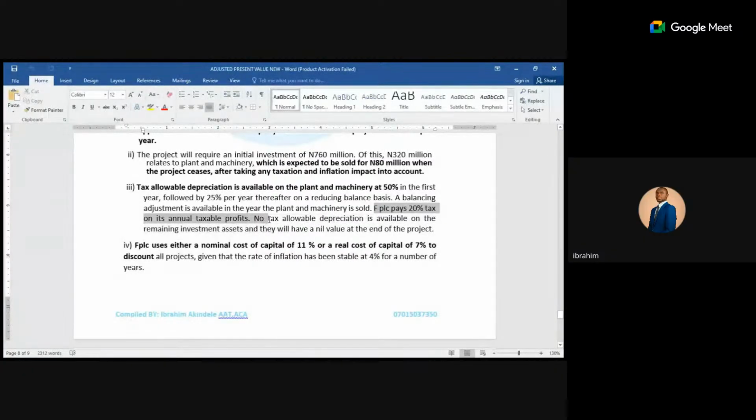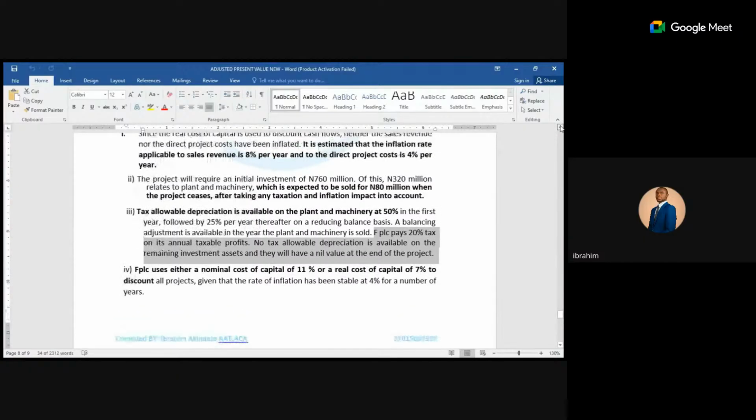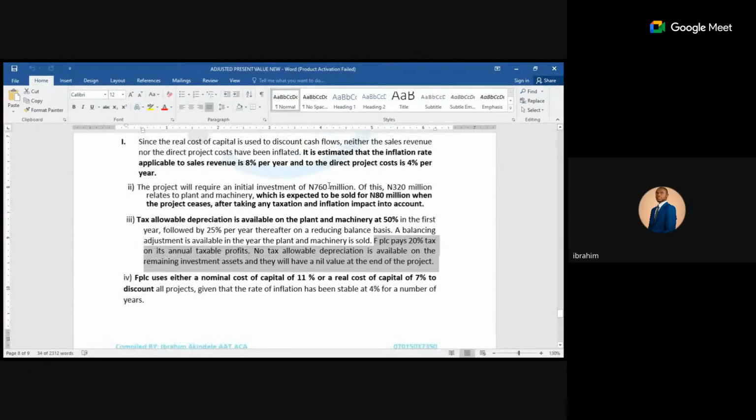They pay their tax on an annual basis, so it is not in arrears. No tax allowable depreciation is available on the remaining investment, meaning that the project will cost 760, and out of 760 we have 320. Is that not so?